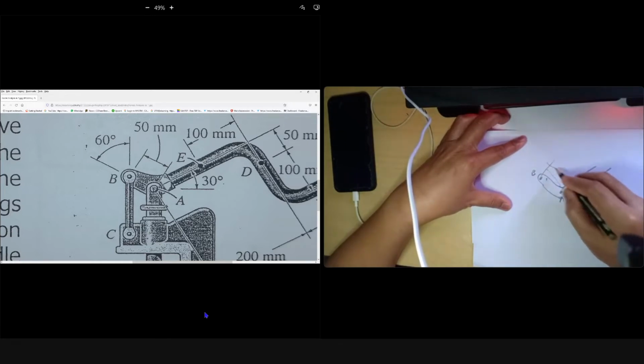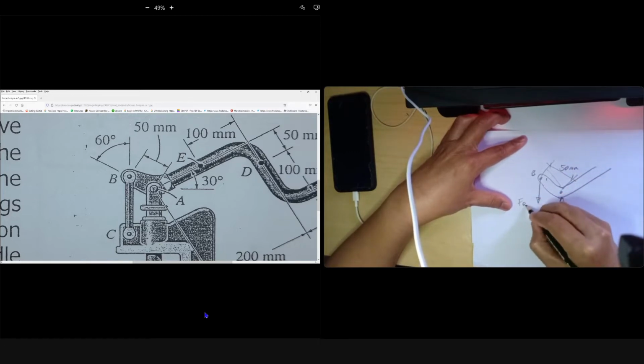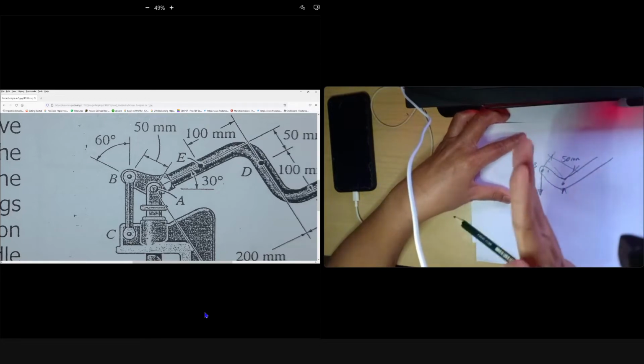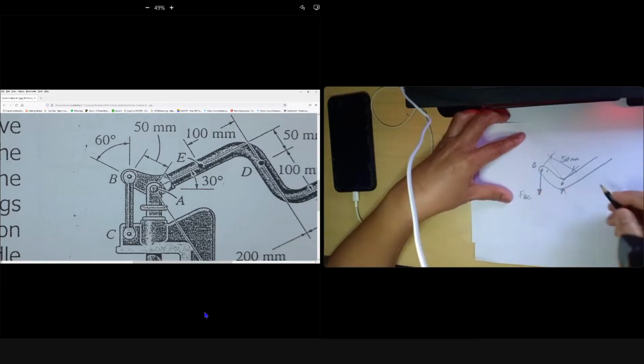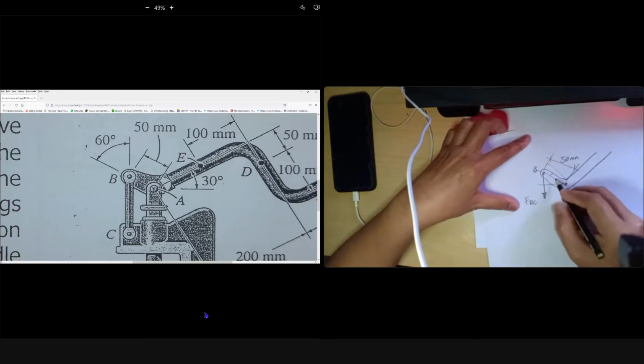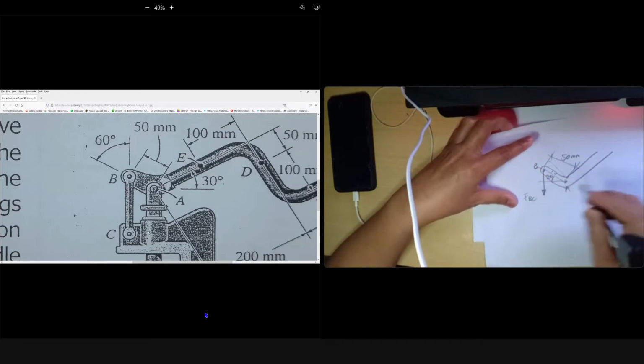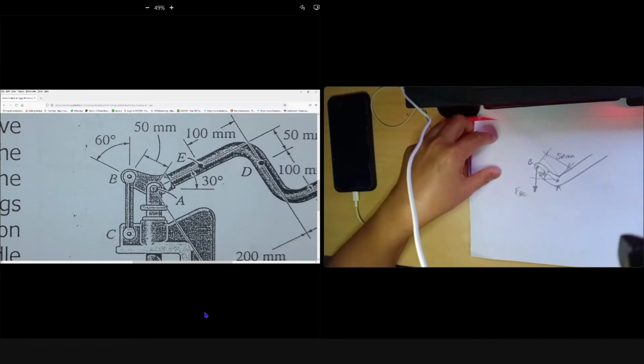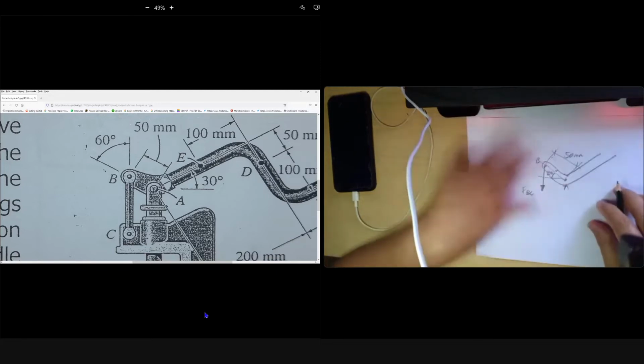It is 50 millimeter, and the force of rod FBC is downward because the rod is vertical. This is your tension FBC. The angle given here is 30 degrees. Can you see 30 degrees? Since this is 60, the remaining angle from horizontal is 30 degrees. Clear or not?